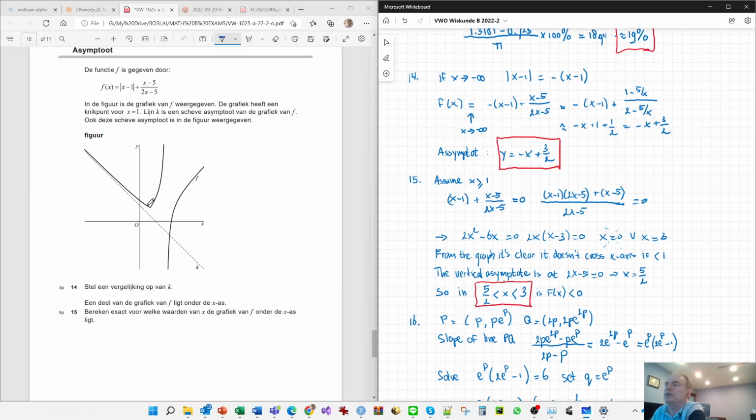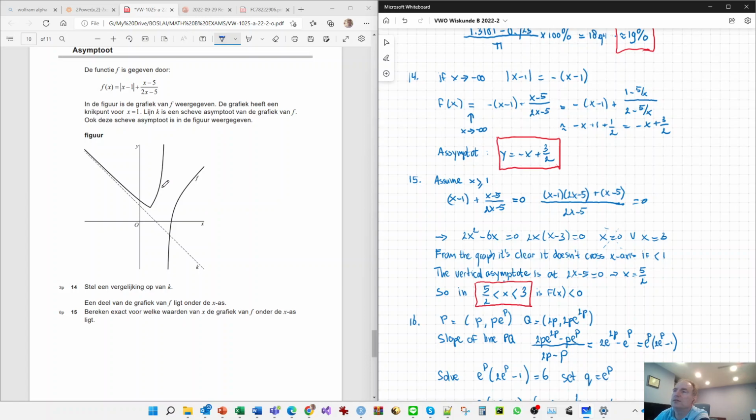As you can see, the derivative moves from negative to positive, although the function itself is continuous. And then there's a line k, which is an asymptote, and they're asking to write down the equation for k.